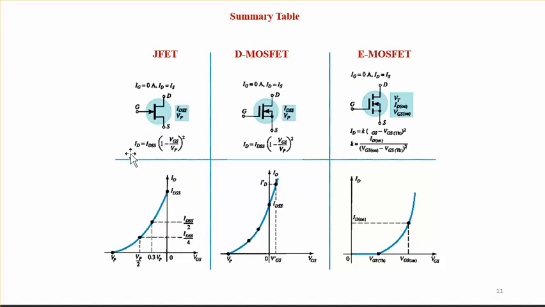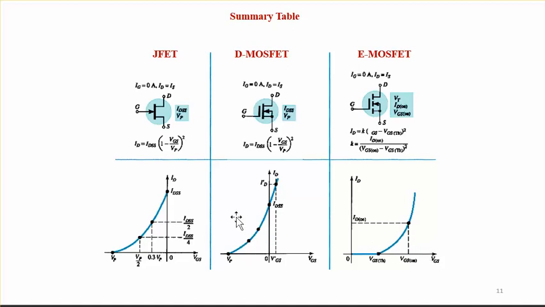And here also we have the equation of the drain current with respect to the drain saturation current and the pinch off voltage. It varies only for the E type of MOSFET, whereas it remains the same for JFET as well as D MOSFET. And this is the transfer characteristics plotted for the JFET, D MOSFET and the E MOSFET.